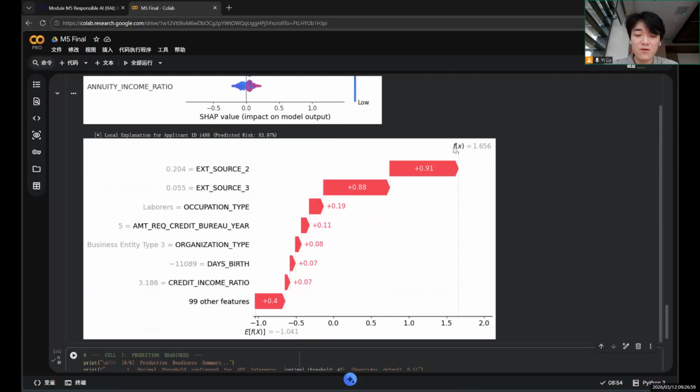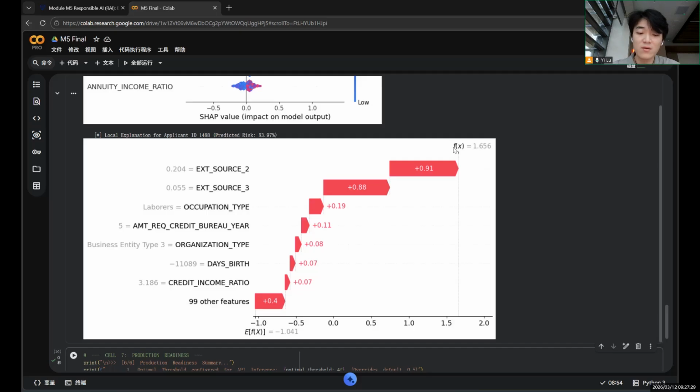As you can see on the screen, for any individual prediction, it starts at the baseline average risk, and they map out exactly how much each specific feature, perhaps their age, their specific income level, or their employment history, pushed their risk score up or down. This local interpretability is a cornerstone of responsible AI.